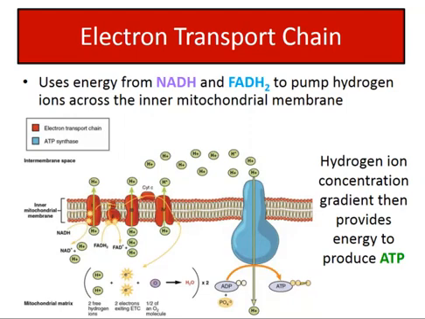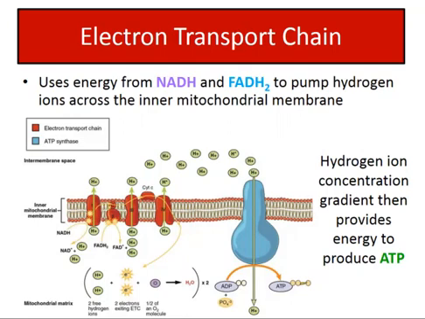The electron transport chain on the left is made up of a bunch of enzymes. What the electron transport chain does is take energy stored within NADH and FADH2 and use that energy to transfer hydrogen ions across the mitochondrial membrane.